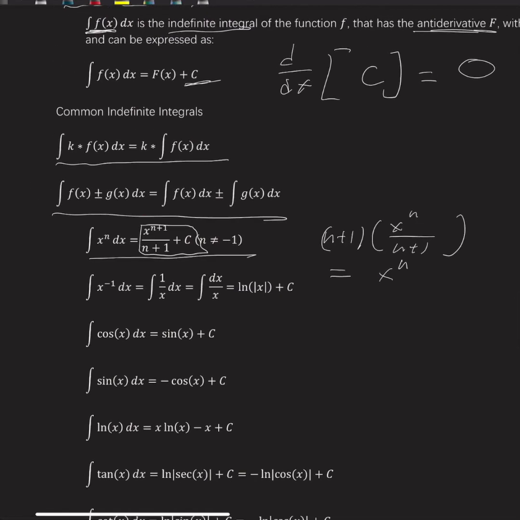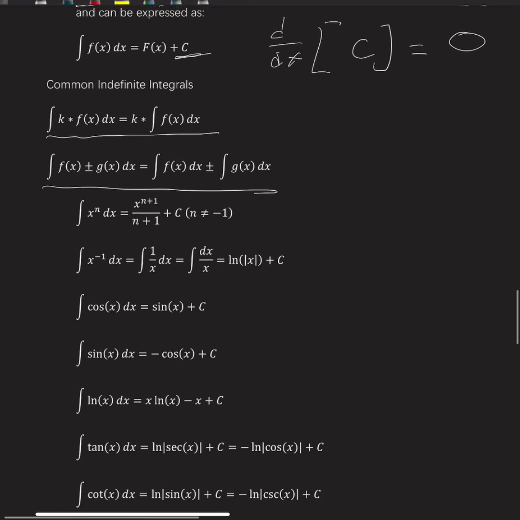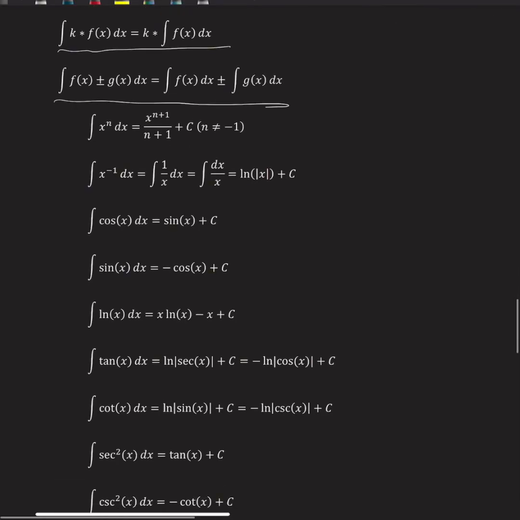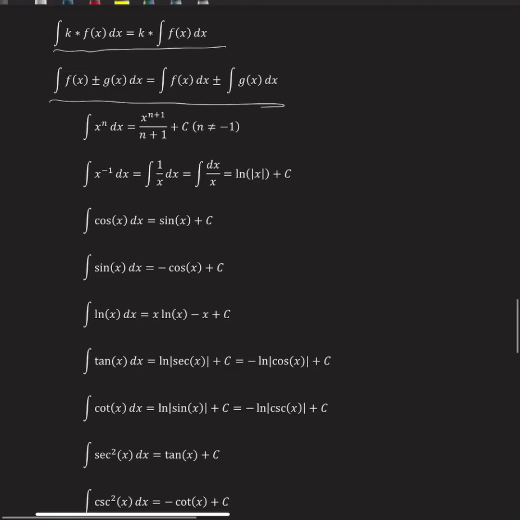That gives you the original function x to the n. And when n is equal to minus 1, the integral is the natural log of the absolute value of x. The problem is that the natural log function is defined for x greater than 0, but 1 over x is defined for all real numbers besides 0. You have to put the absolute value sign here to make up the domain.